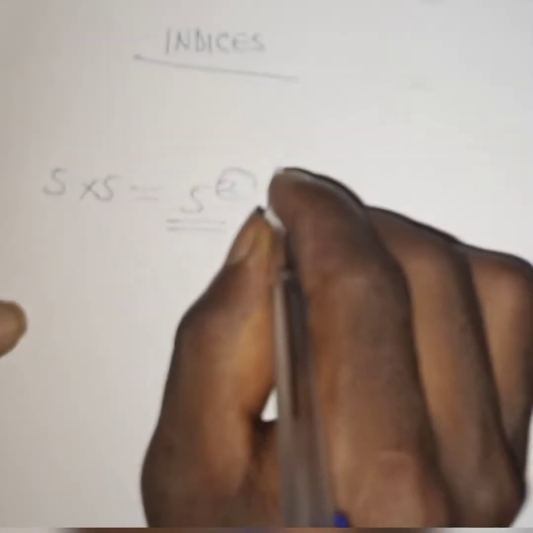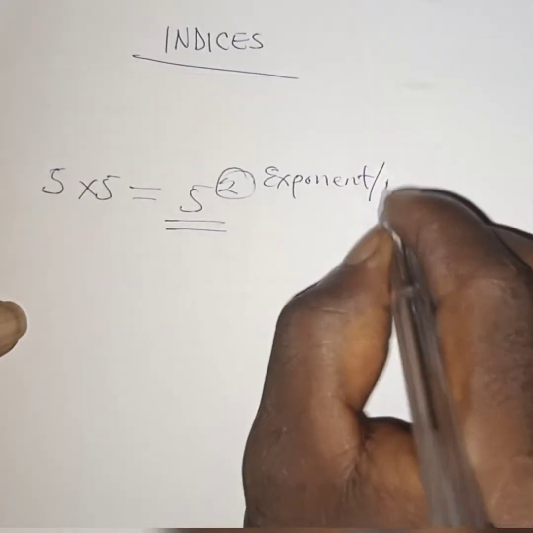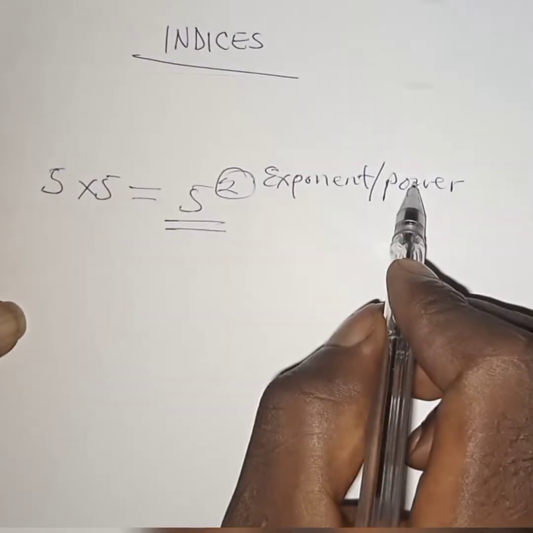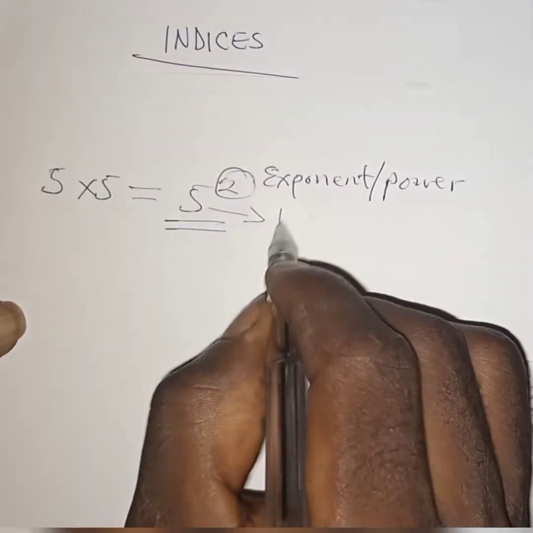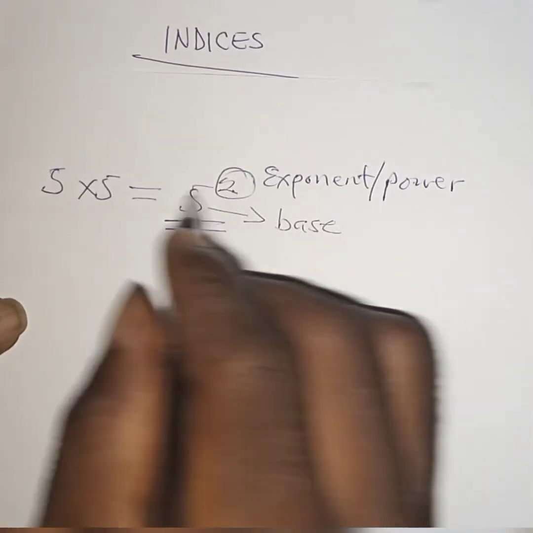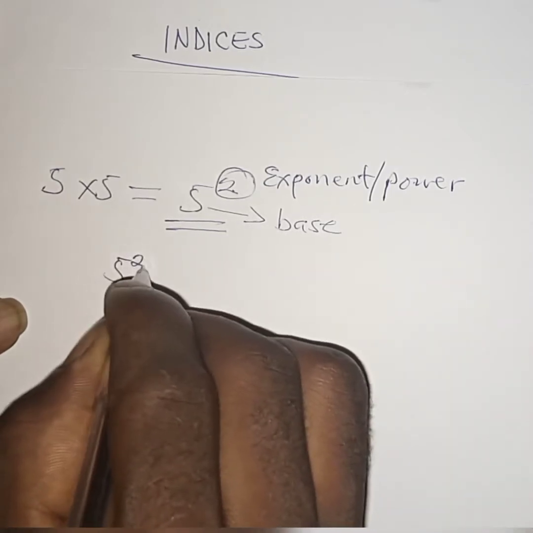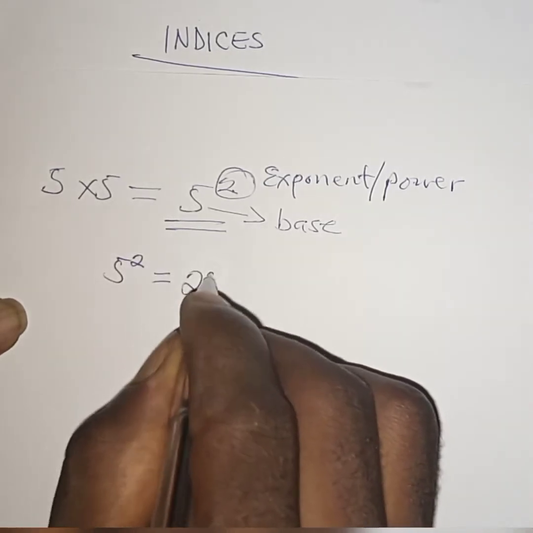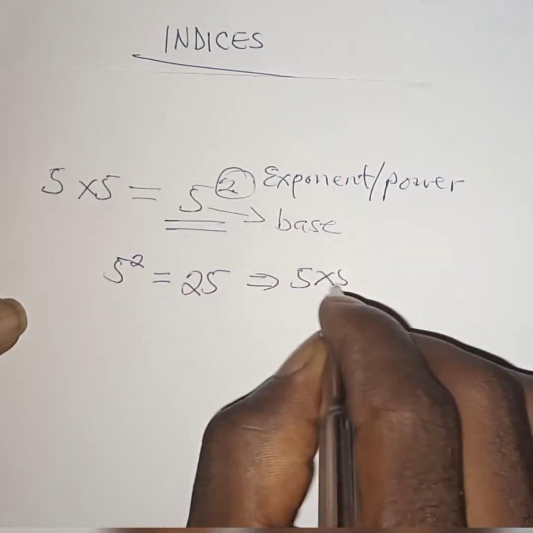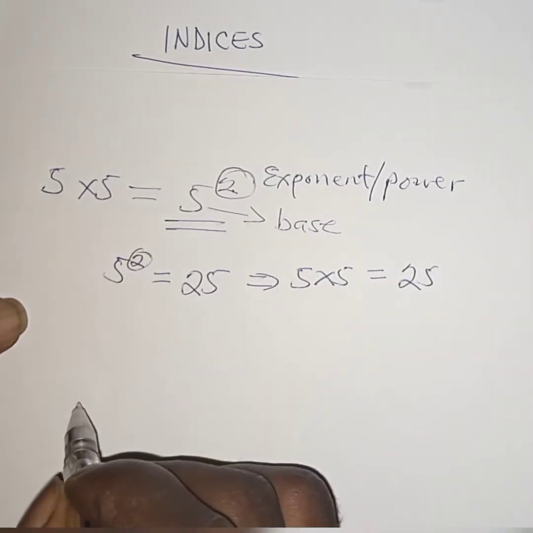The number written here is the exponent or the power, and the number here is called the base. 5 times 5 gives you 25, so 5 square is equal to 25.